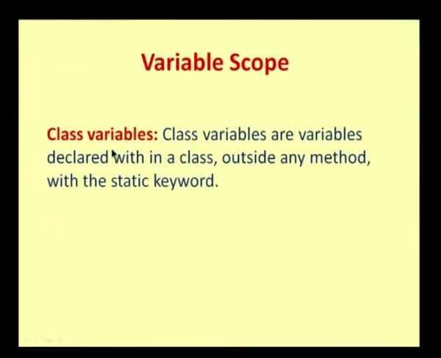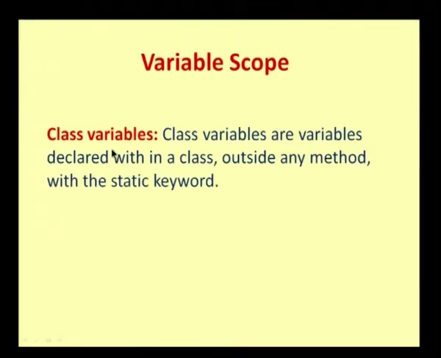For example, if I have a person class, the number of persons is a variable which will be common to all the objects available. If I create 10 objects of the person class, so 10 persons, then I can assign the value 10 to the number of persons. In that case I keep that particular value as a common value for the class. That is what a static variable is, so I can define that as a static variable.